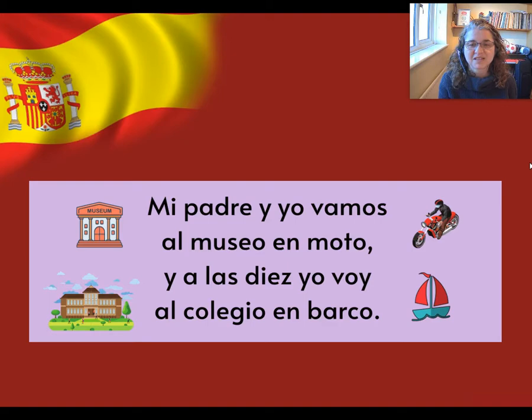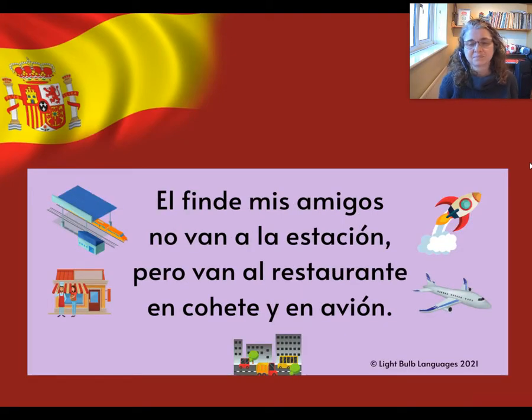There's one more verse. Here it is. And it's saying what happens at the weekend. El fin de is the short form for fin de semana, end of the week. It means the weekend. Escuchad y repetid.